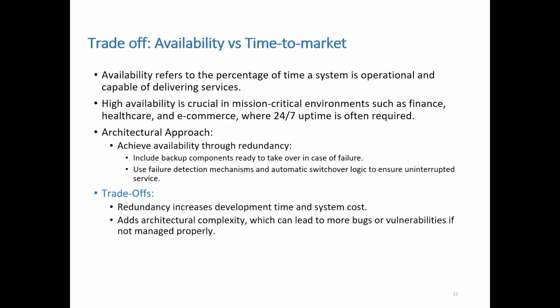And more complexity can introduce more places for bugs or vulnerabilities to hide. So, once again, architectural decisions are all about balance. In high-stakes systems, the benefits of availability almost always justify the investment in redundancy, but it has to be designed carefully and tested thoroughly.